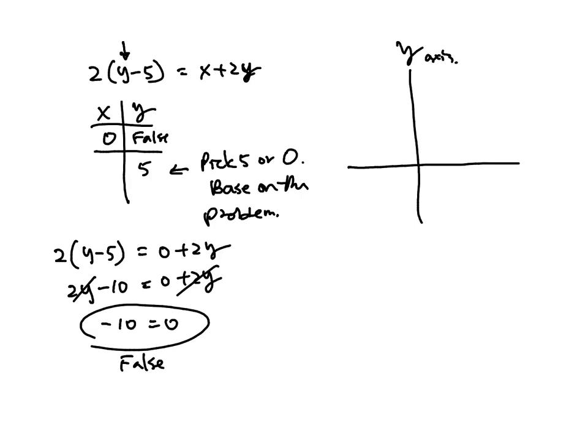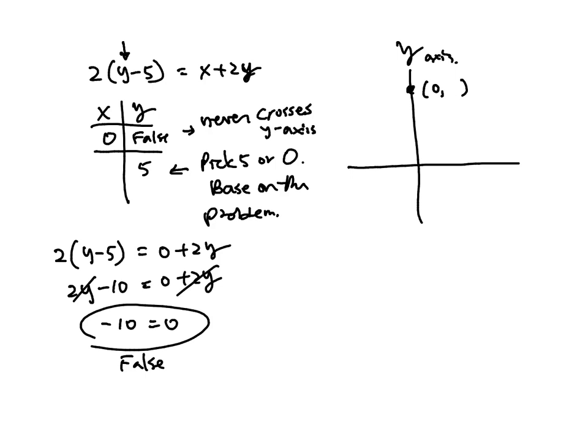Because what's the x value when you're sitting on the y-axis? It's always 0. So if I plug in 0, I get a false result. This means it never crosses the y-axis.